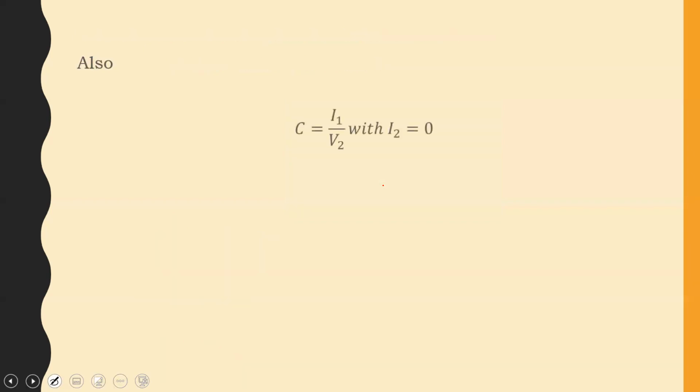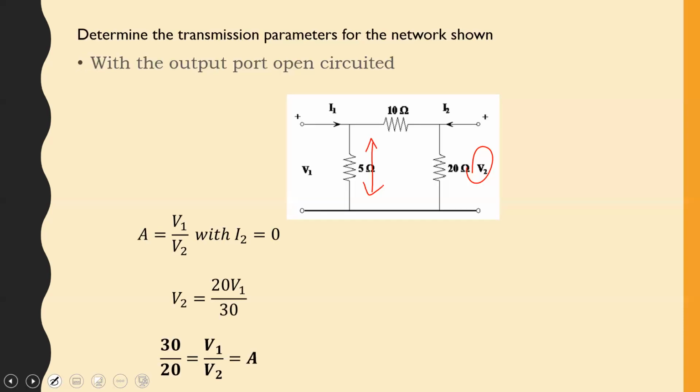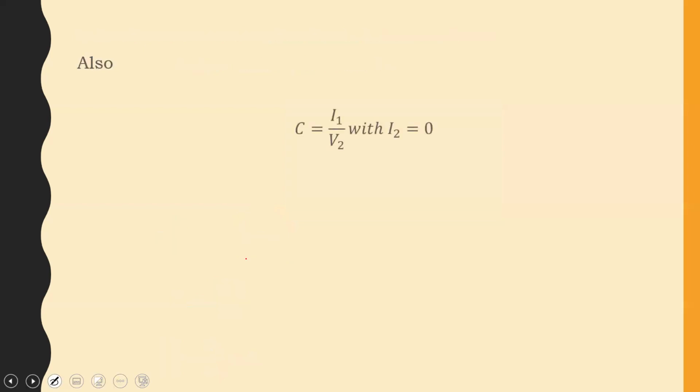For C, the only reason I'm going to C is because we still use I2 equals 0. And then for B and D, we'll use V2 being equal to 0. So with I2 equals 0, C is I1 over V2.